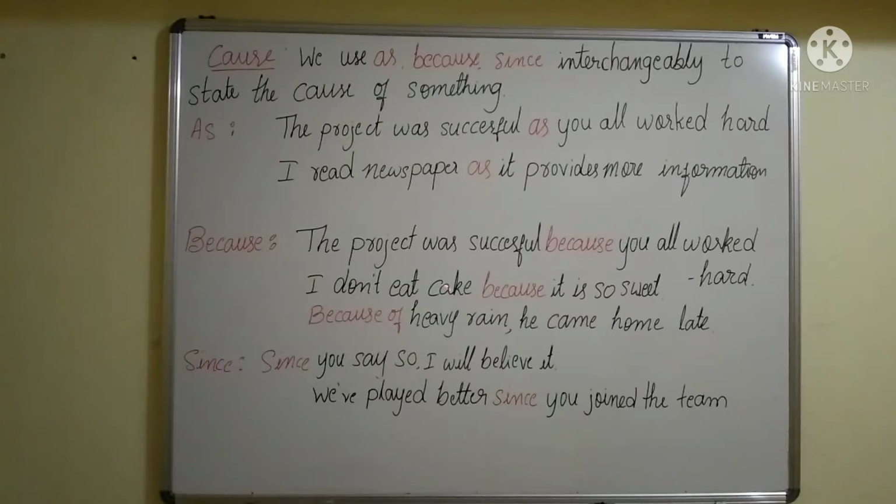And here we have one more sentence. "Since you say so, I will believe." See here, I used a comma. This is a very important thing because many children make mistakes in this case, because they don't know where to use the comma properly in complex sentences.